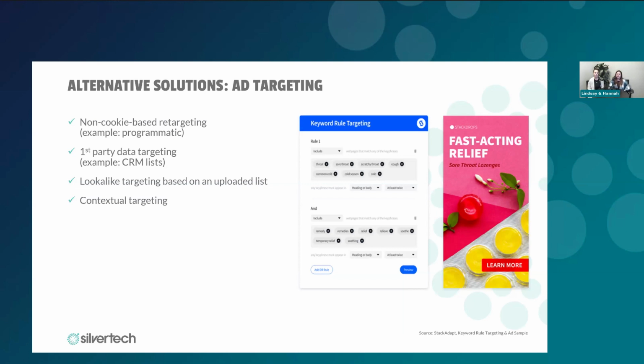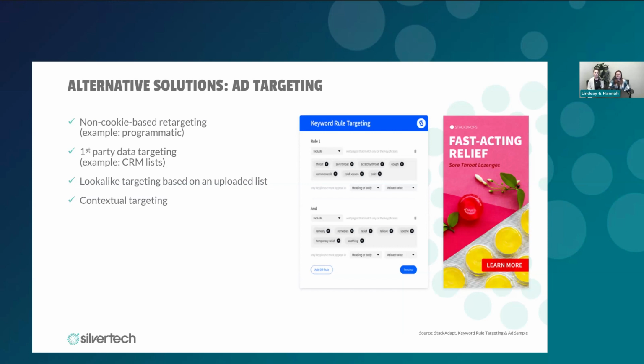And then you'll also see in that second section, in that and section, we're also looking for keywords around remedies and soothing and relief. So essentially what this keyword rule targeting is saying is I'm really looking for some content that is based on cold or flu, but also talking about remedies for that.